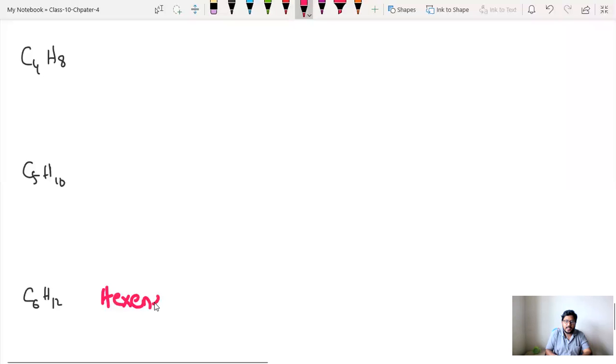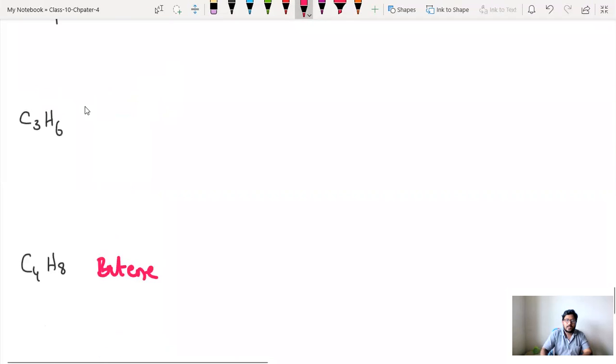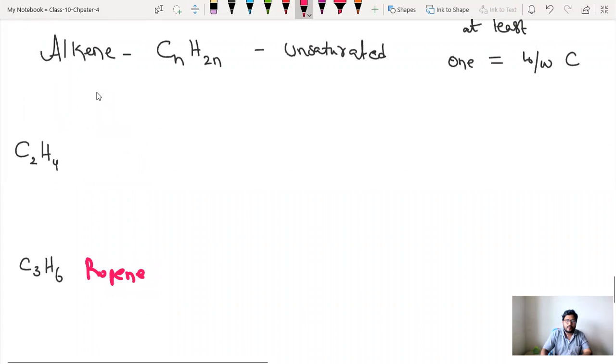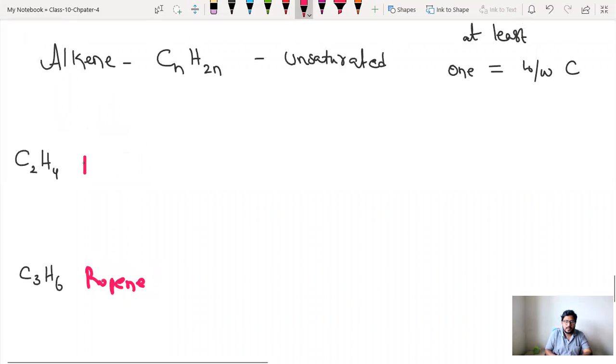It is alkene, hexene. 5 means pent, pentene. 4 means but, butene. 3 means prop, propene. 2 means eth, ethene. Now if you draw structure, how many carbons?